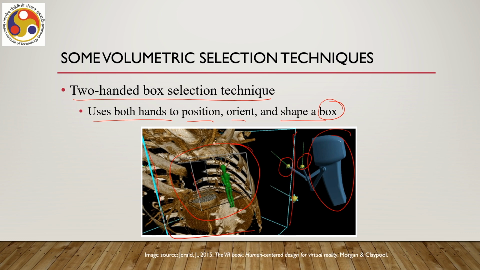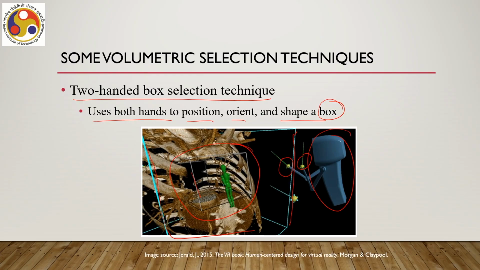These types of techniques, volumetric selections, it may be obvious that they are most useful when we are trying to select small or well defined isolated objects in a less complex virtual environment.